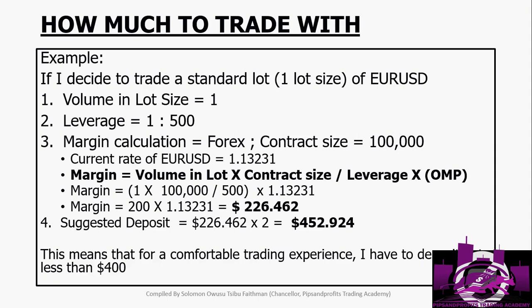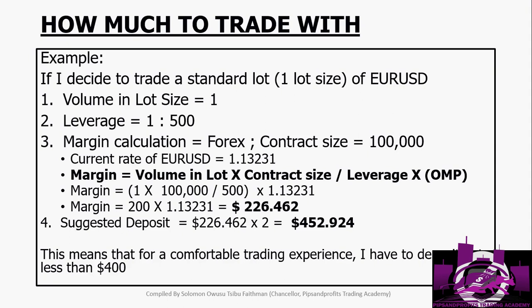So I gave you an example, and I also explained to you the need for all this, okay? When we did all the examples, I decided to trade one standard lot, that is one lot size of Euro USD. The volume in lot size is 1, and then I chose a leverage of 1:500, as I explained yesterday how to choose leverage. And then I calculate my margin using the Forex method.